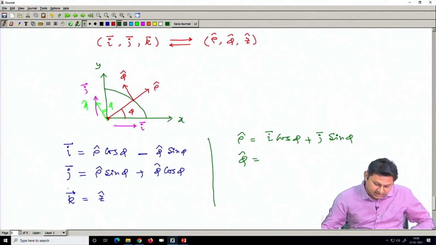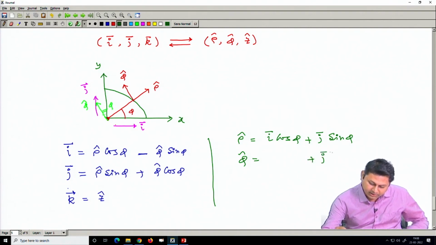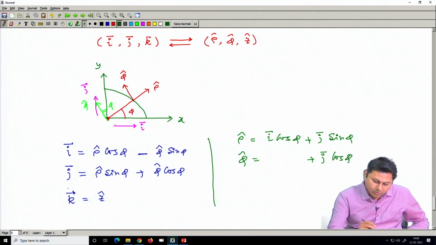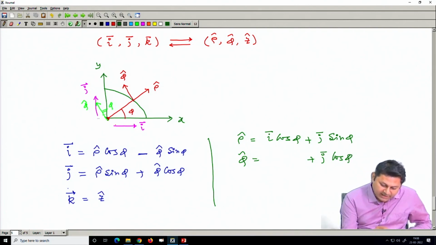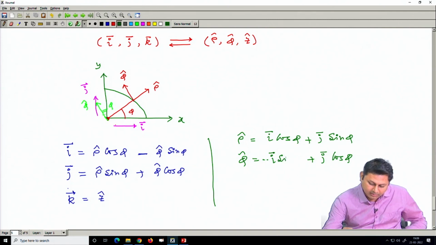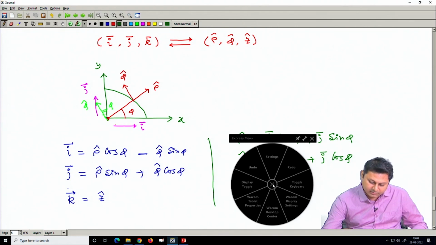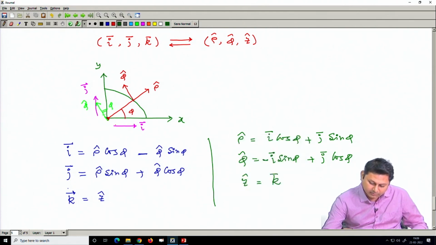So, from this figure, if I want to decompose along j direction, it should be plus j cos phi, and if I decompose along this i direction, it should be a negative sign and then i and sine of that component. Okay. What about the z? z should be simply along k direction.